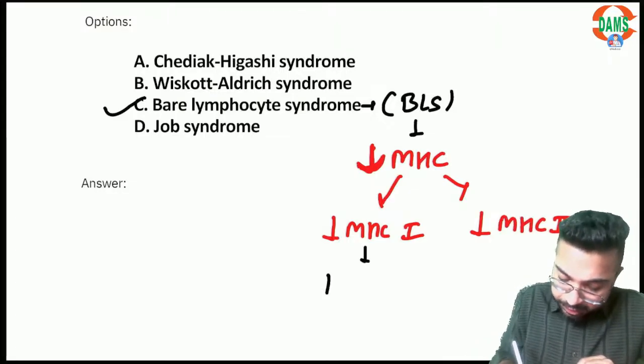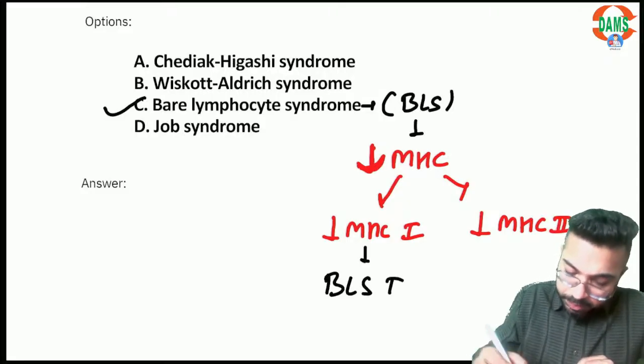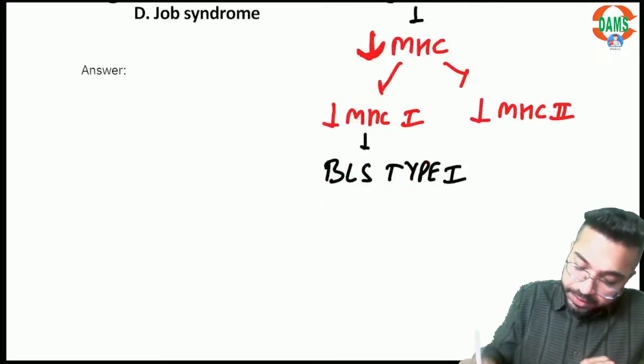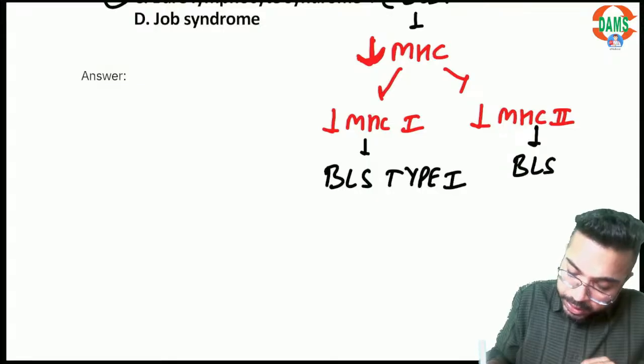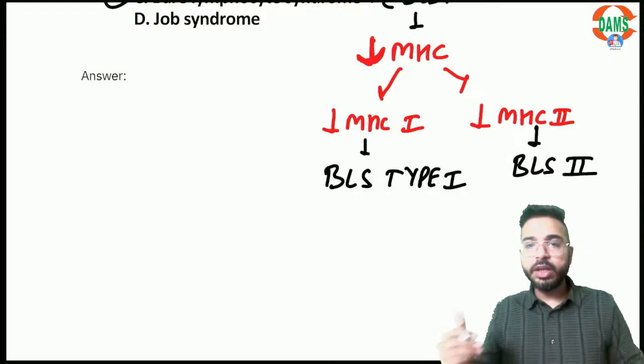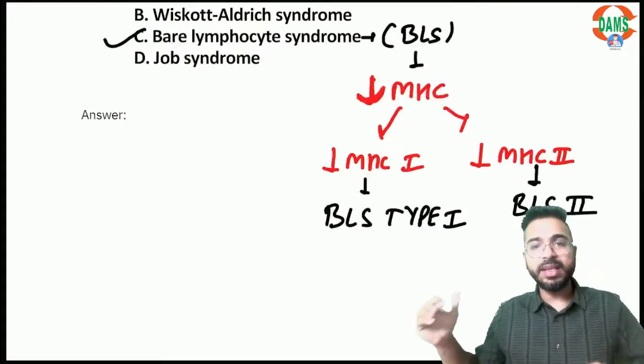Type 1 means it is Bare lymphocyte syndrome type 1, so there will be no recognition by CD8 cells. And deficiency of MHC2 will lead to Bare lymphocyte syndrome type 2. So if there are no MHC molecules, no HLA molecules, HLA mismatch reactions cannot occur. So that would be the best answer.